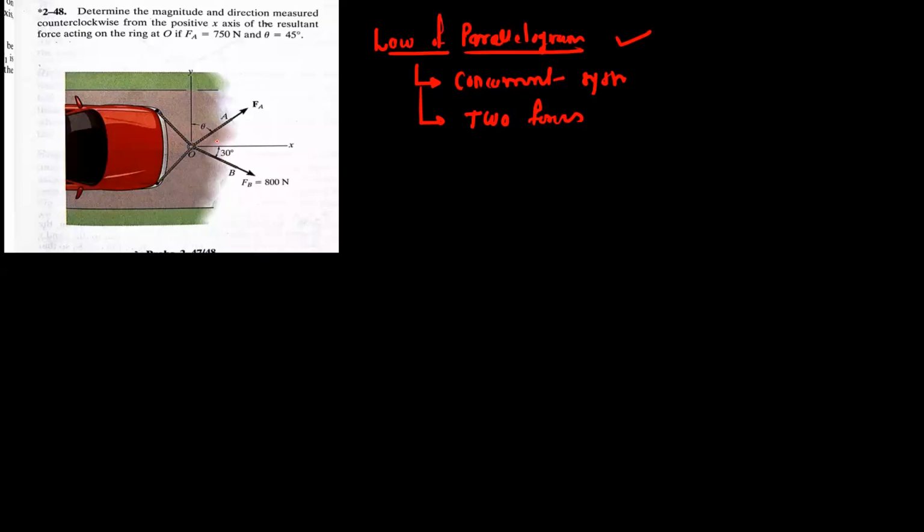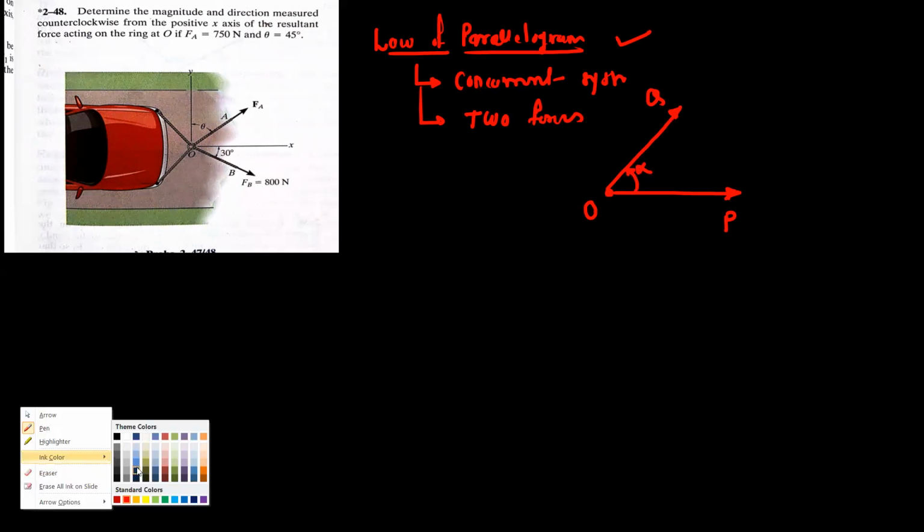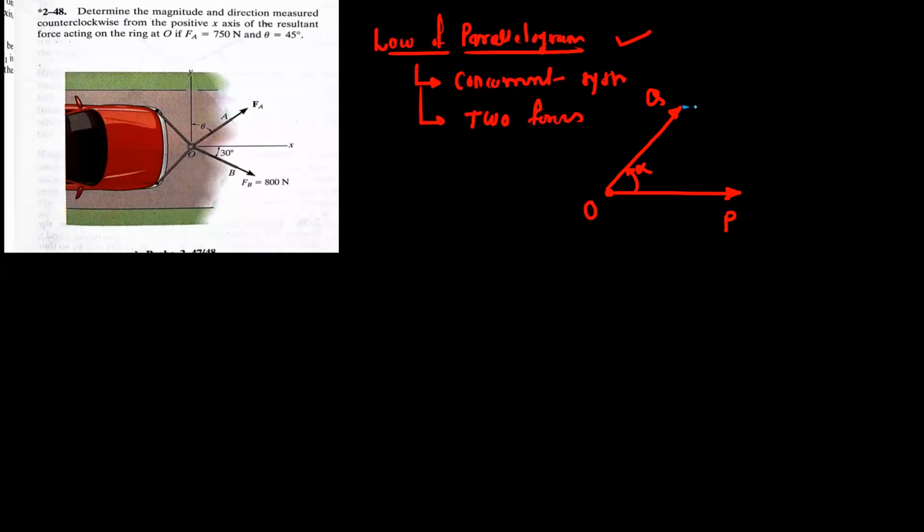Okay, so for the law of parallelogram, if this is the point O and this is one force P and this is the second force which is Q. Okay, and the total angle between the two forces is alpha. Then the resultant we can find out by constructing the parallelogram like this.